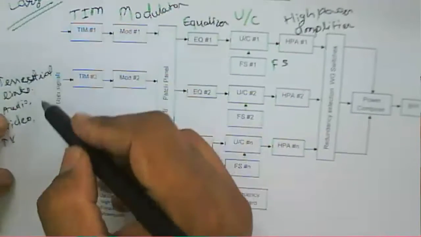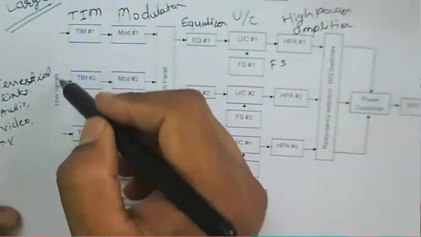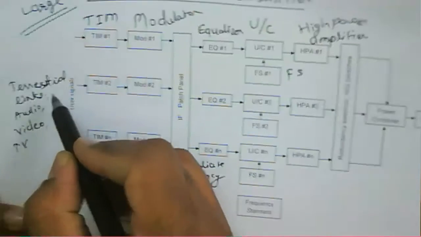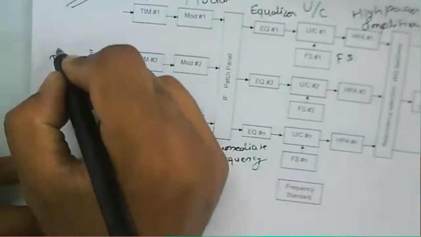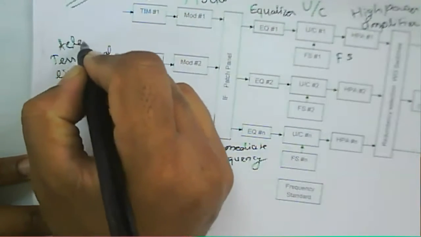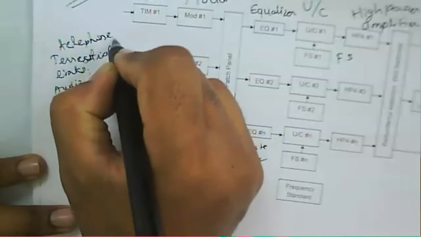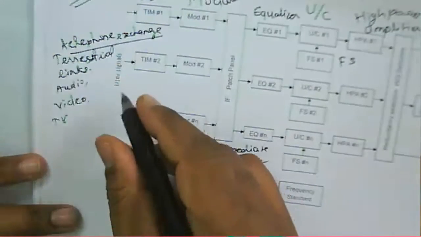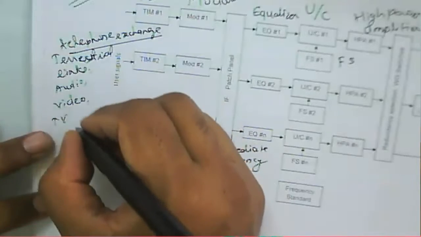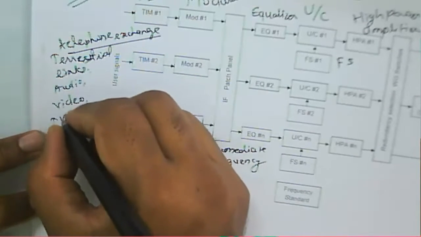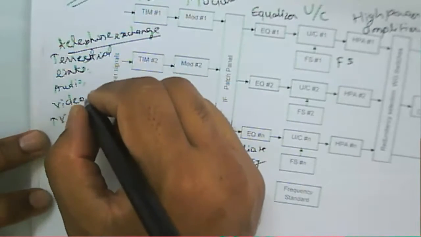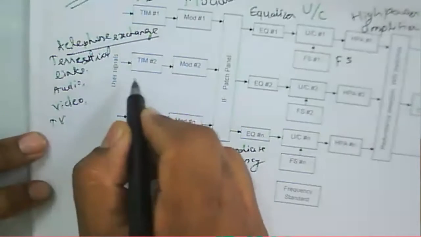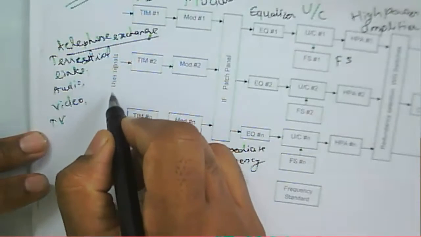The signals received through this terrestrial interface module can be from a terrestrial link, or from a telephone exchange, or from a television studio, audio or video, and all these input signals will be given to this terrestrial interface module.